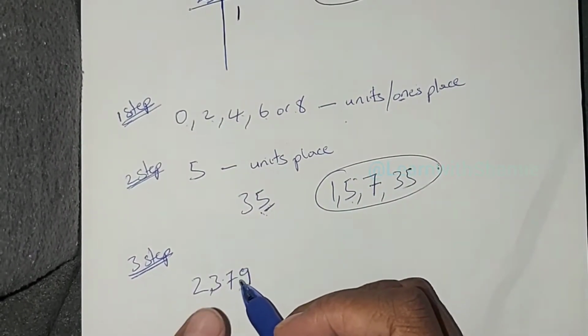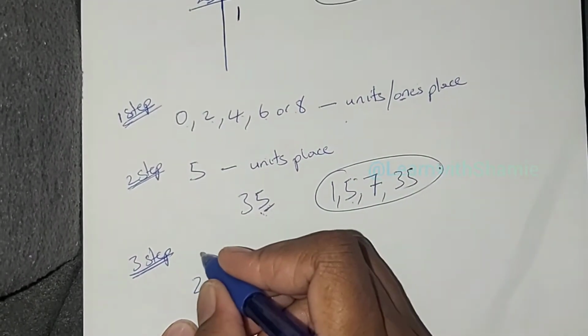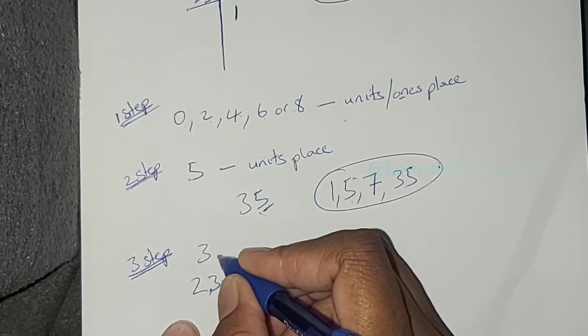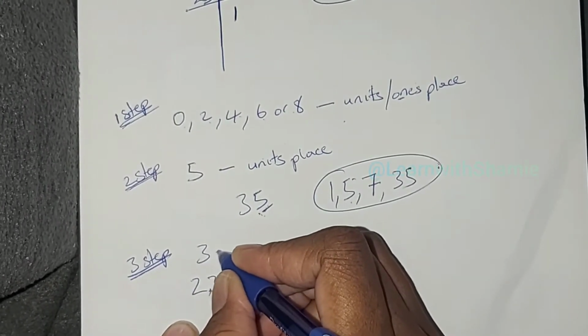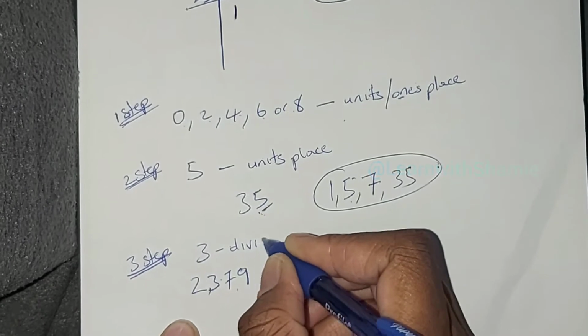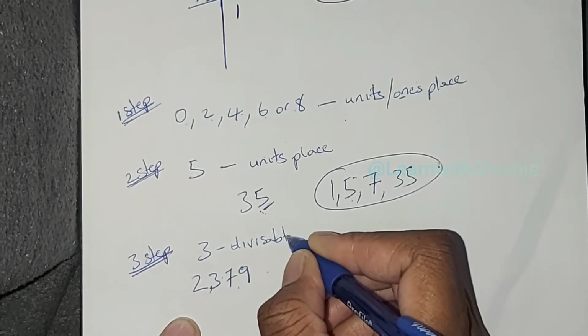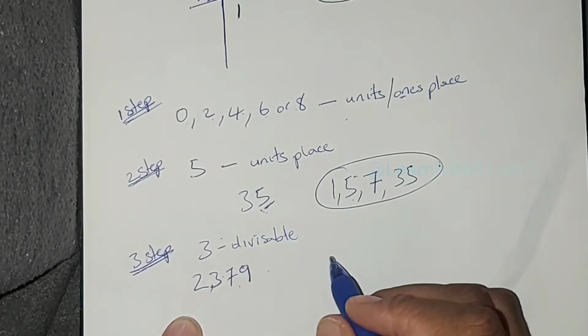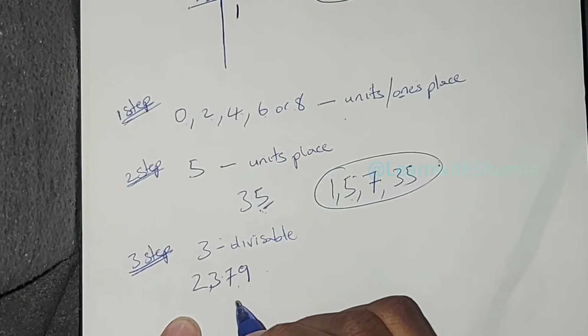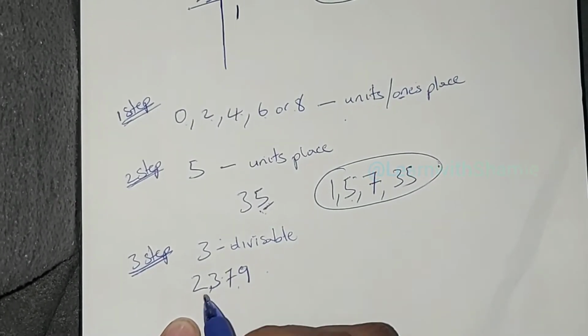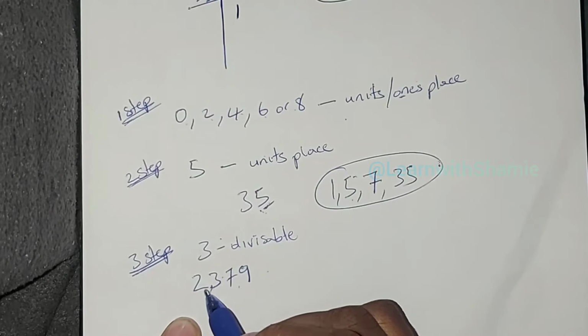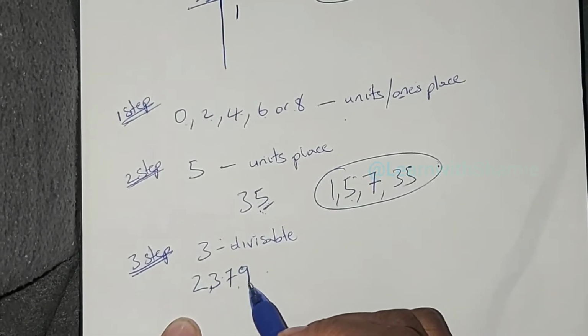The third step to take in identifying if a number is prime number is if the sum of the numbers in a figure is divisible by 3, then the figure is not a prime number. So here we have the figure 2379.